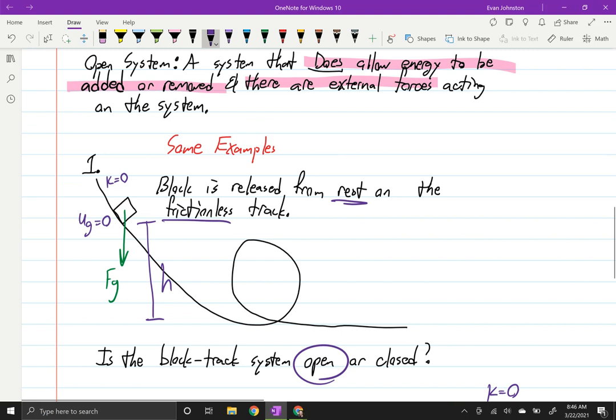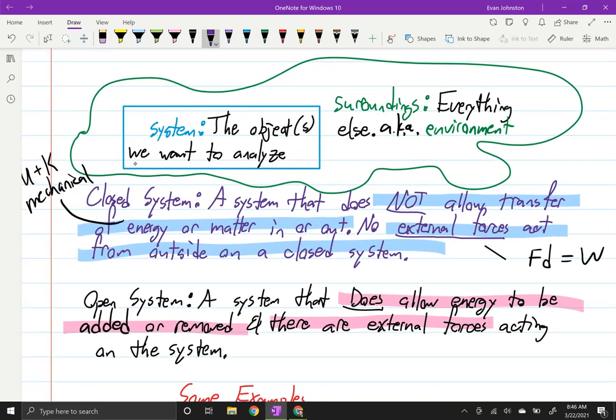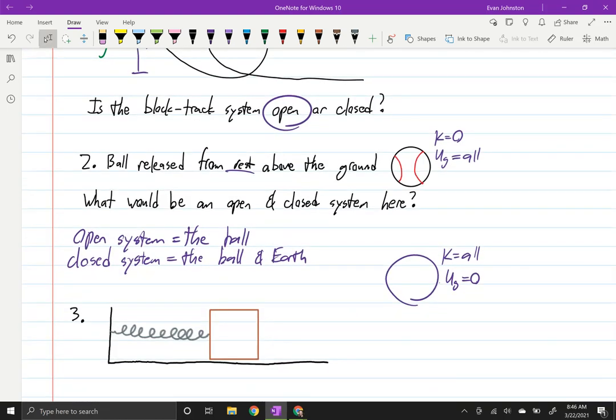Let's look again here. There has been no transfer of energy in or out, so it has all stayed the same amount inside this system. In this case, if we consider the Earth, there is no other force outside that's acting to change the amount of energy here.